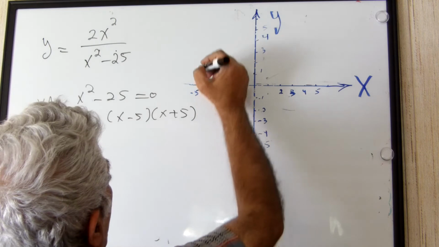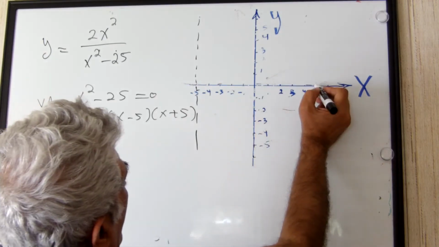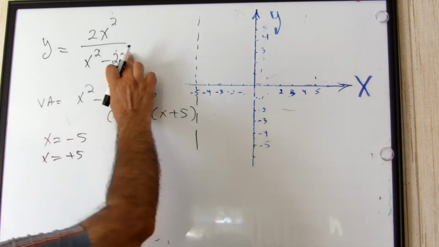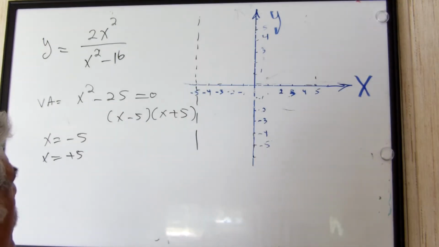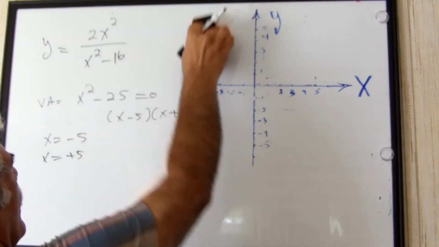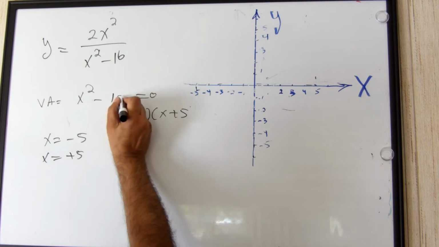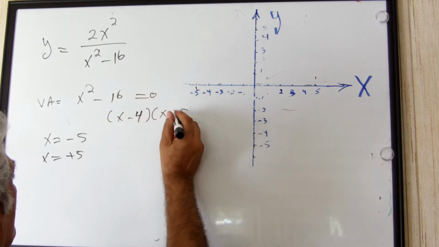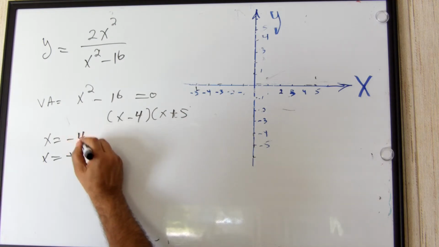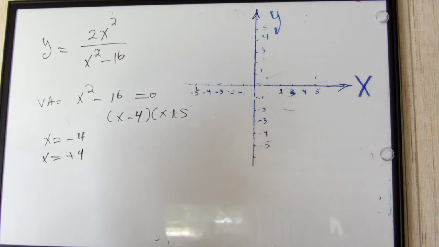So minus 5. Let's put 16 here instead, so it's x squared minus 16, which is x minus 4 times x plus 4, and minus 4 and plus 4.